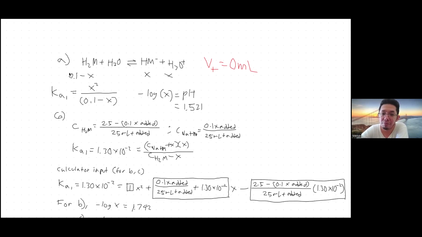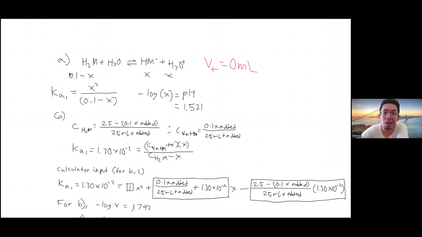Baka masyadong negligible. Okay, so usually, we will only consider the first dissociation constant, which is 1.3 times 10 to the negative 2.